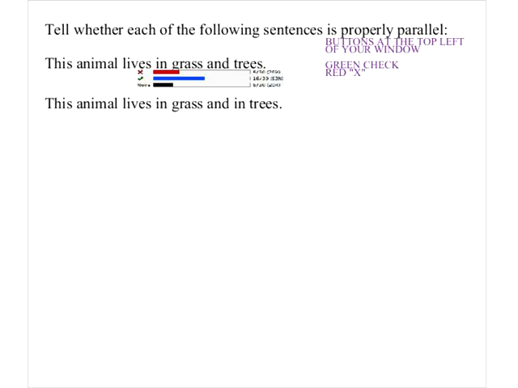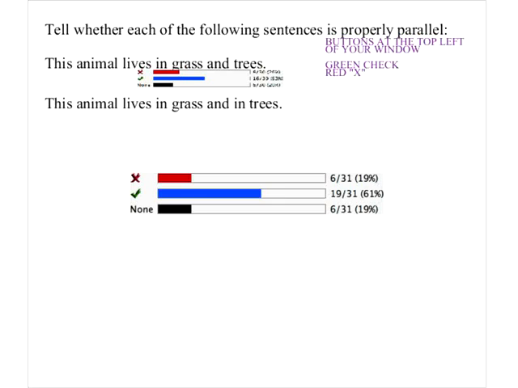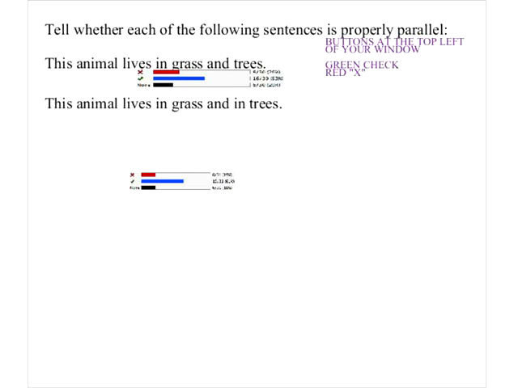Okay, I'll give you a few more seconds to make that decision. Okay, here are the results of this one. A little bit, kind of the same percentages. So you guys are mostly, again, thinking that this is parallel.